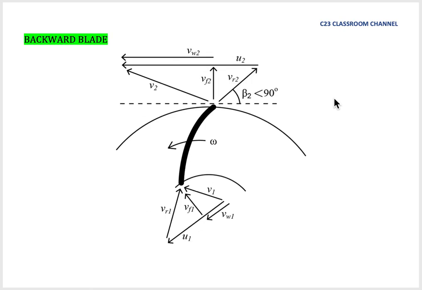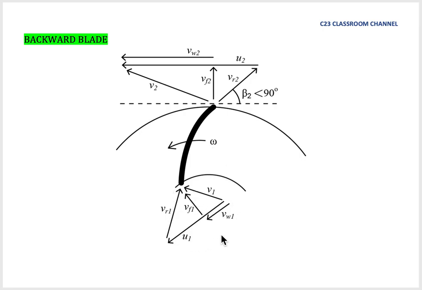And this is the velocity triangle for the backward blade. As I said, we need to focus on the shape of the blade at the outlet and imagine that you're standing facing the rotational direction here, and you will find that the blade is backward from you. So this type of blade is the backward blade.